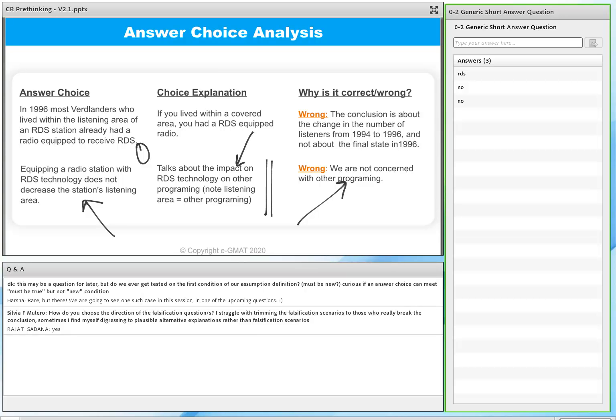Does that matter to my conclusion? No. Why? Because my conclusion is about people who receive RDS programming, not the other kind of programming. Again, ask yourself, what is this conclusion about, and do I care about the impact? Is the impact bad? Yes. But is it bad on my conclusion? Absolutely no. If it doesn't impact my conclusion, why do I care?